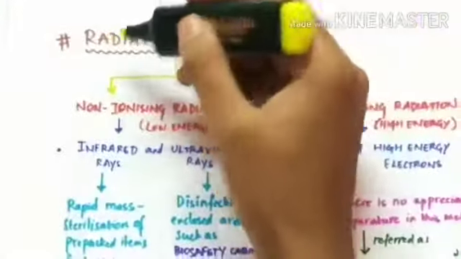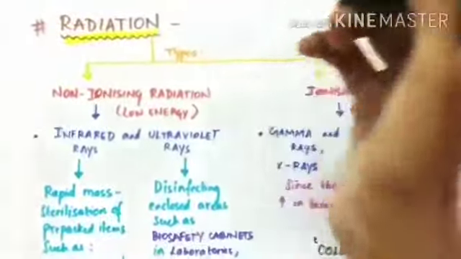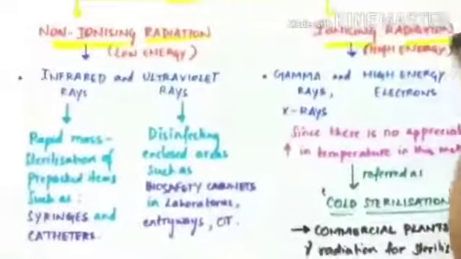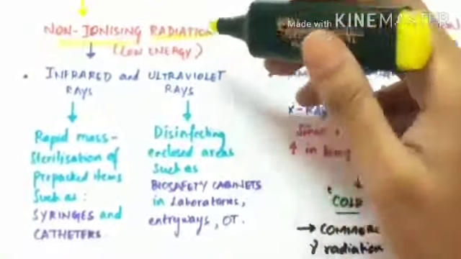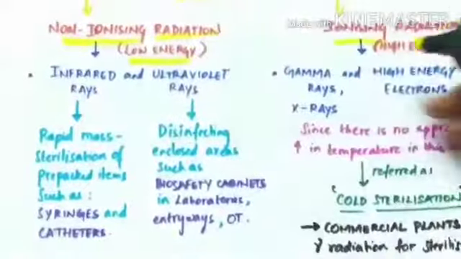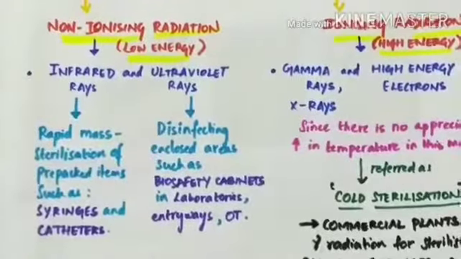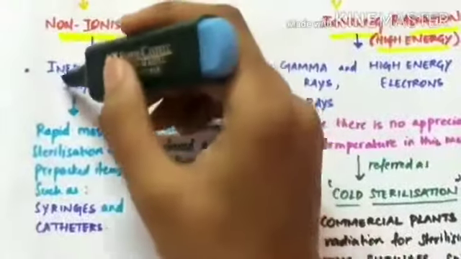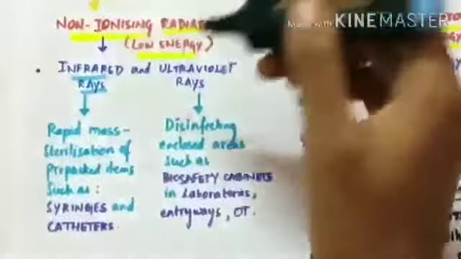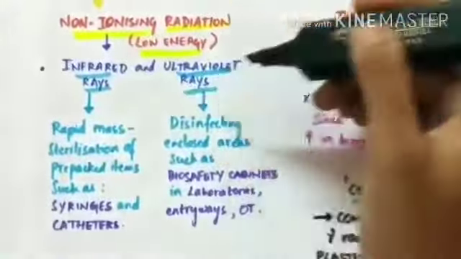Next is sterilization using radiation. Radiation is of two types: non-ionizing radiation and ionizing radiation. Non-ionizing radiation are low energy. Ionizing radiation have high energy. Non-ionizing radiations include infrared rays and ultraviolet rays.